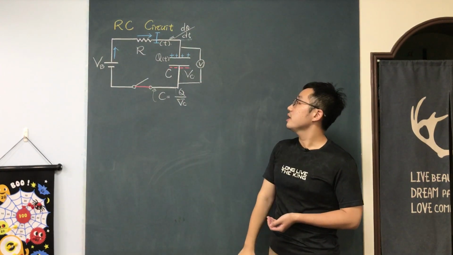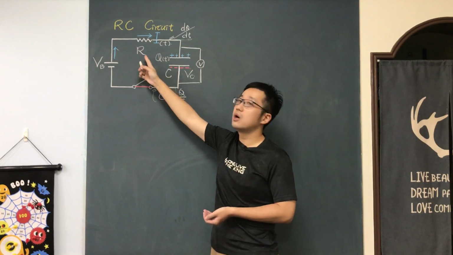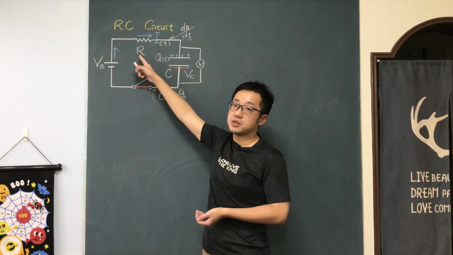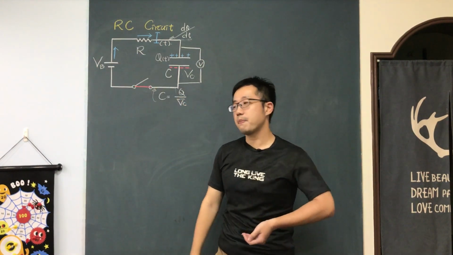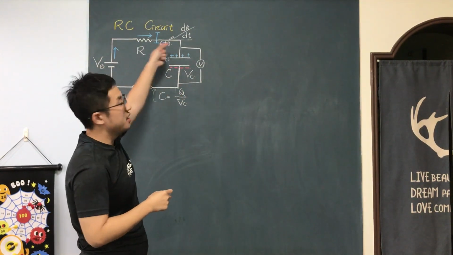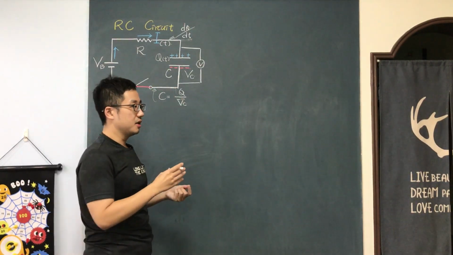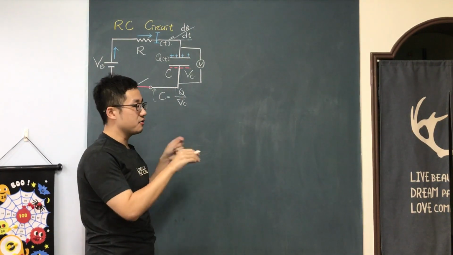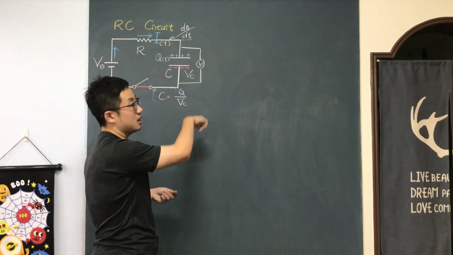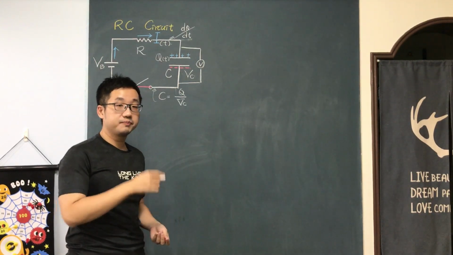In addition to the capacitor, in the RC circuit there's also a resistor. So how will the resistance influence the time? Imagine the connecting wire is a pipe, and your resistor is like tiny rocks inside the pipe, and you want to use that pipe to fill up your reservoir, with a flow of water inside the pipe.